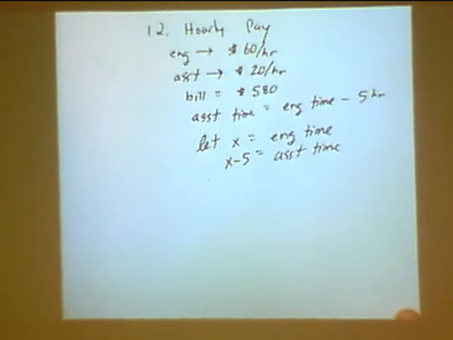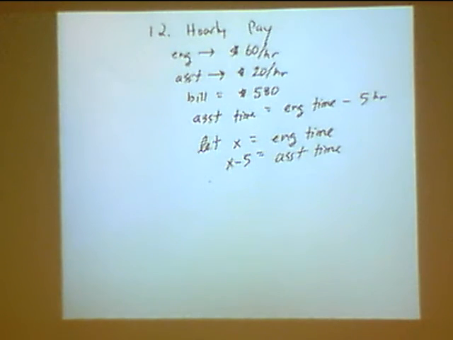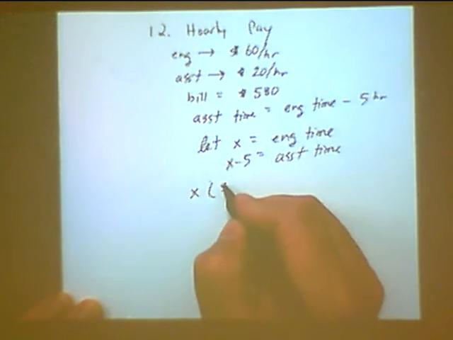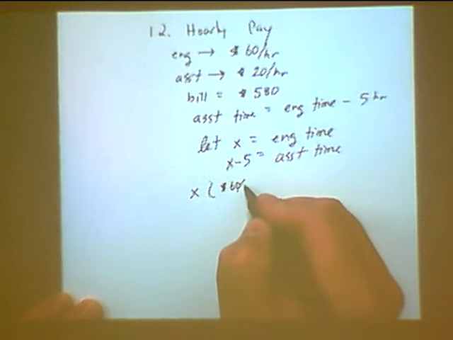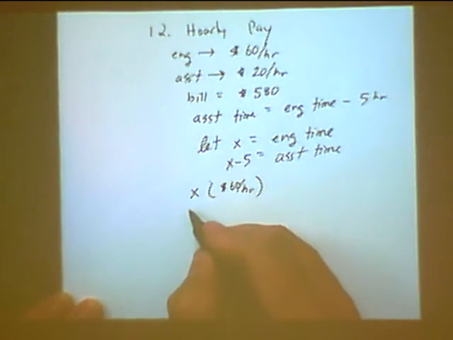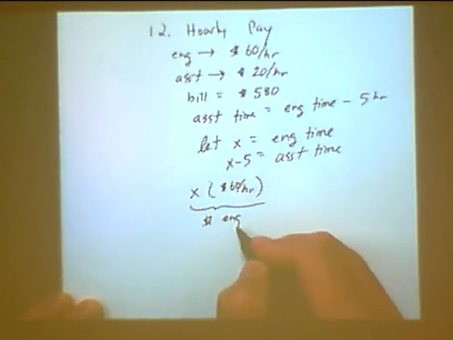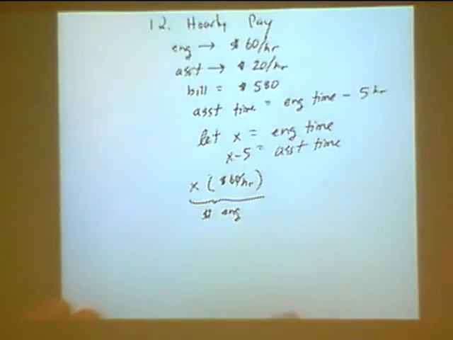Now I simply want to write an equation for how much it costs for them to do this job. The engineer worked x hours and his cost was $60 per hour. So this is the amount of money it costs for the engineer to work.